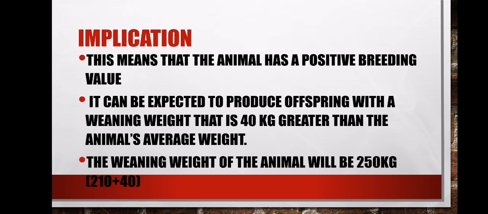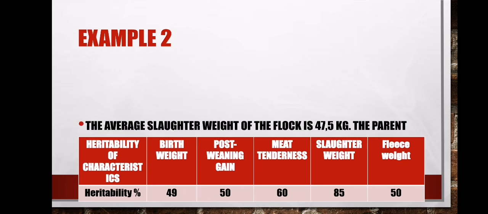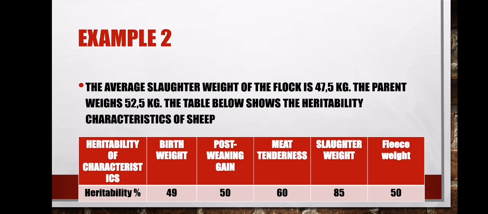Let's try to look at another example. Example number 2. This is what we have. They say here, good people, average slaughter weight. Make sure that you take note of these figures, because on the other slide we don't have it.